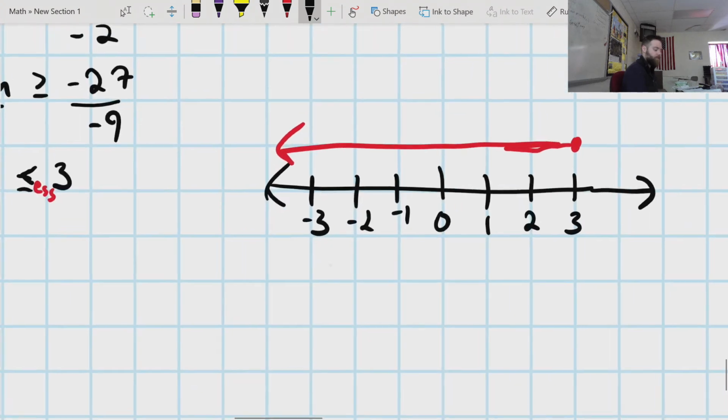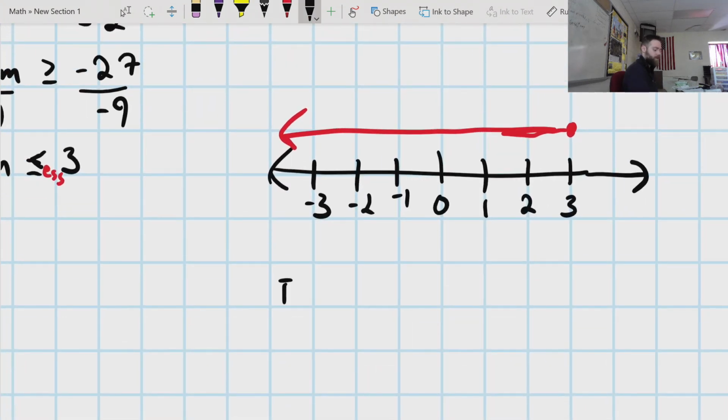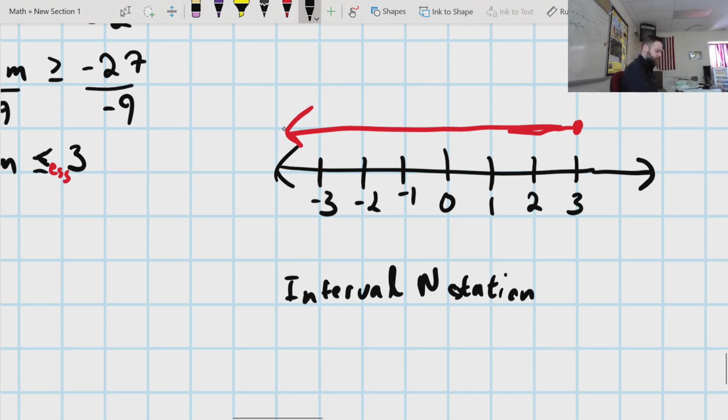And then I'm going to read from left to right and construct the interval notation. So the interval notation should be, well, that arrow is pointing towards negative infinity, so if I'm reading from left to right, all the way to the left is negative infinity.